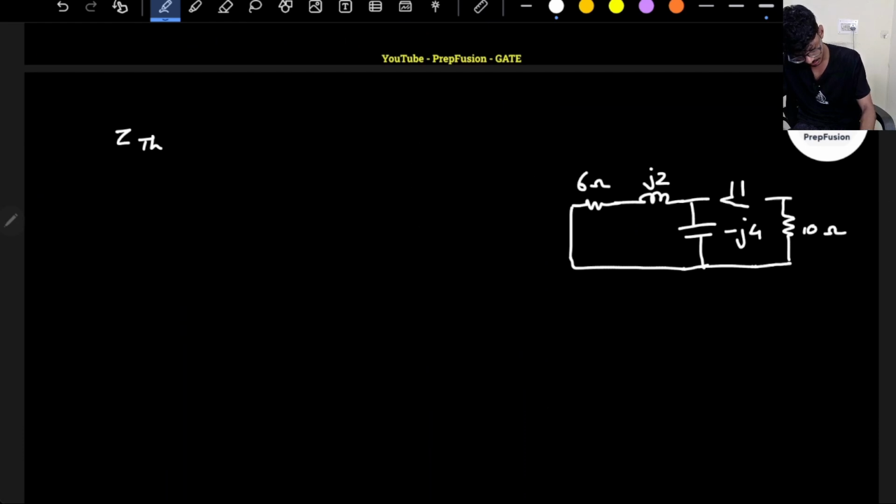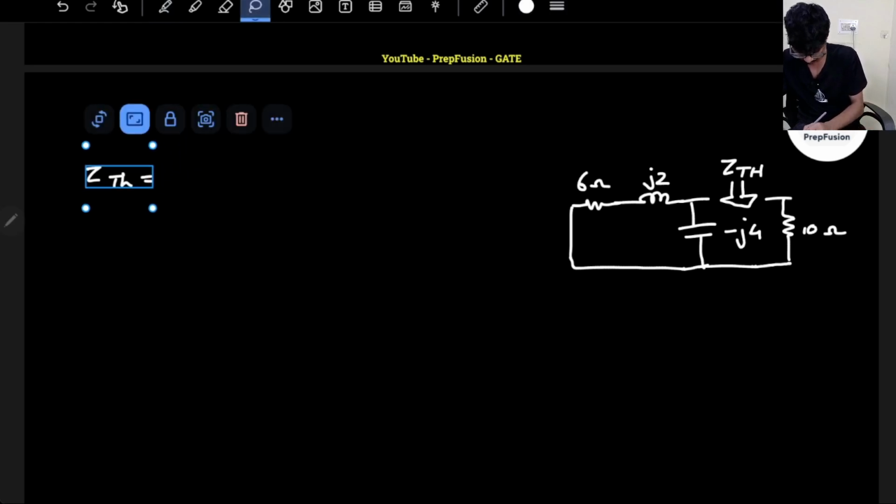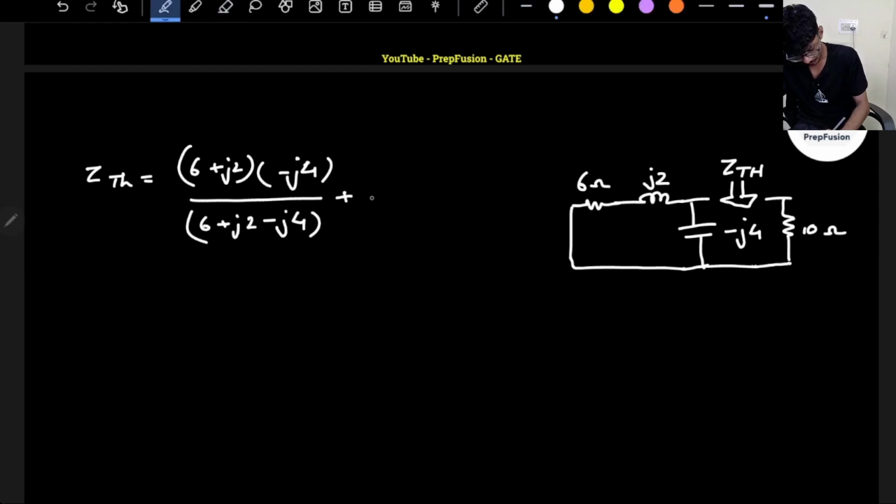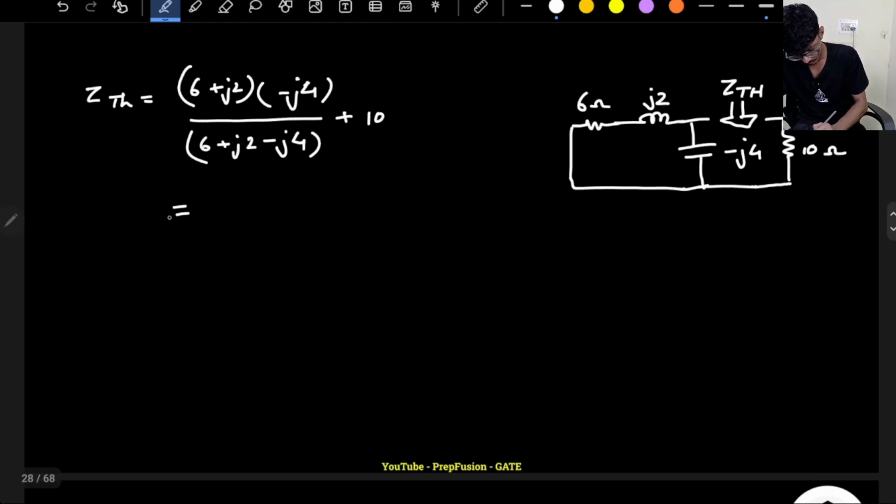Okay, so ZTH you have to find, that is not that difficult. ZTH will be equal to, first I will calculate the parallel: 6 plus J2 into minus J4 divided by 6 plus J2 minus J4, plus 10 ohms. Now I will calculate the things. Let us convert everything into polar, it will be easier for us.